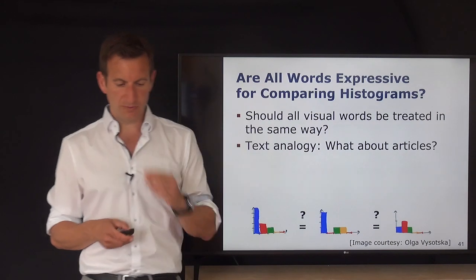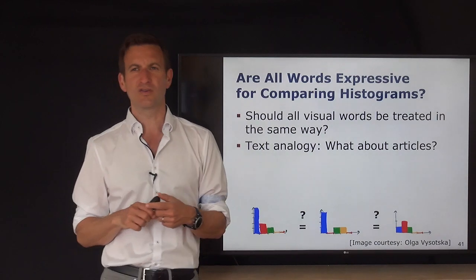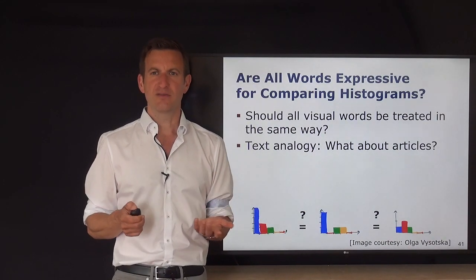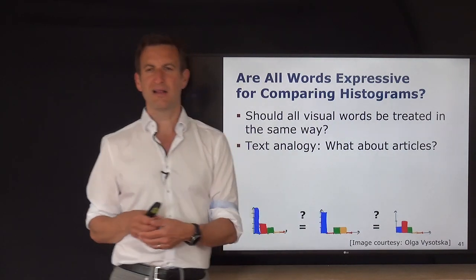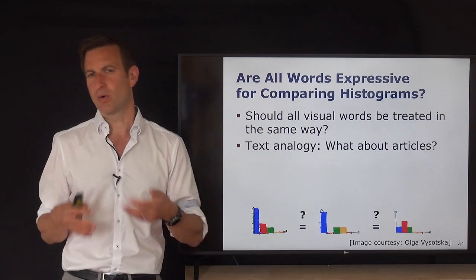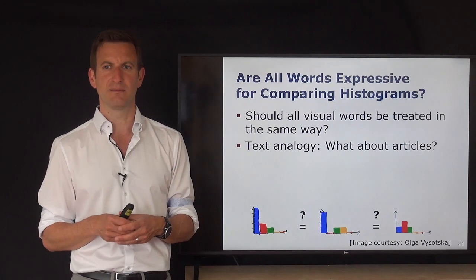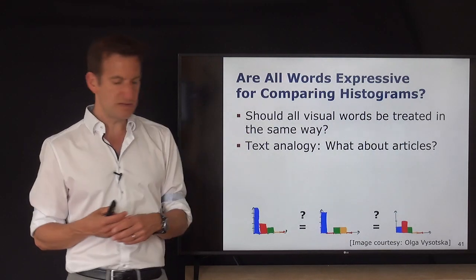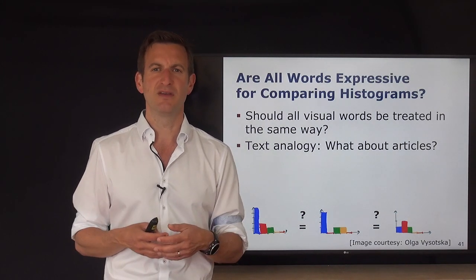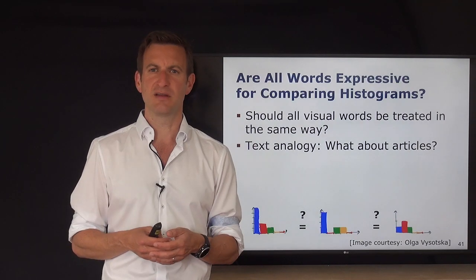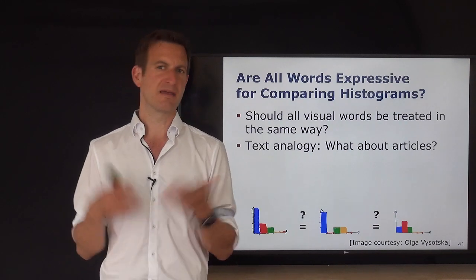The second thing, which has a very strong impact on the final result, is the question: are all words that are used equally expressive? Does the blue word tell me something better or less than the green word or the yellow word, for example? You can make an analogy to text mining, and then maybe this effect becomes more obvious. There are a lot of words in language that appear very, very often, but do not really help you to classify documents, like an article, like the.